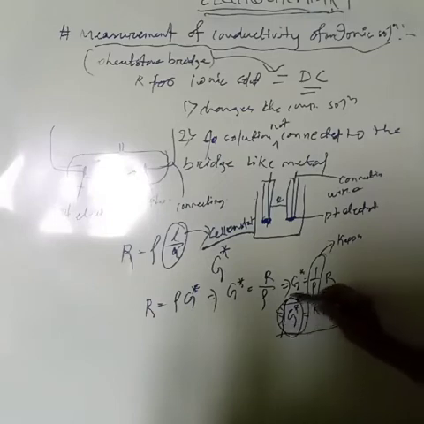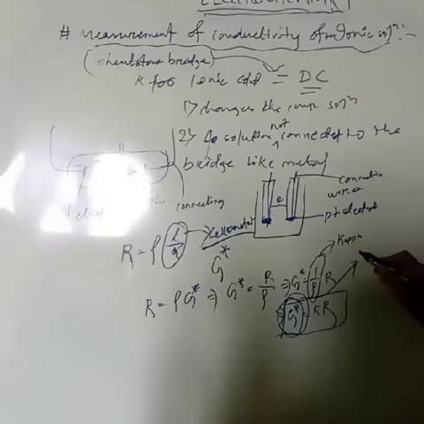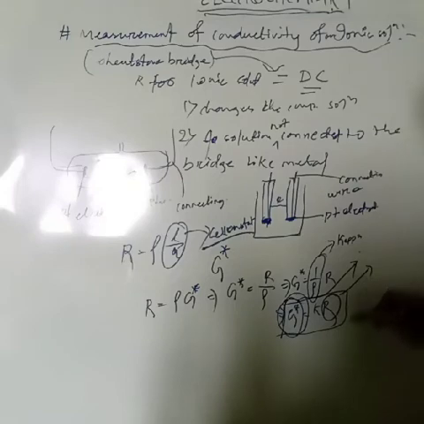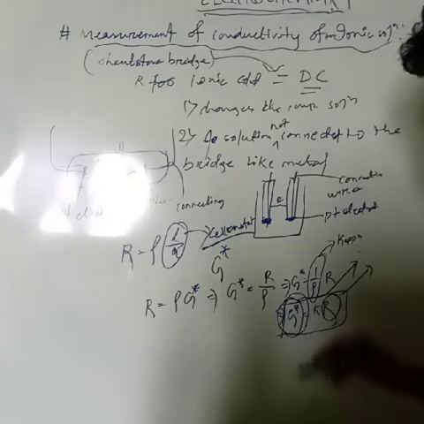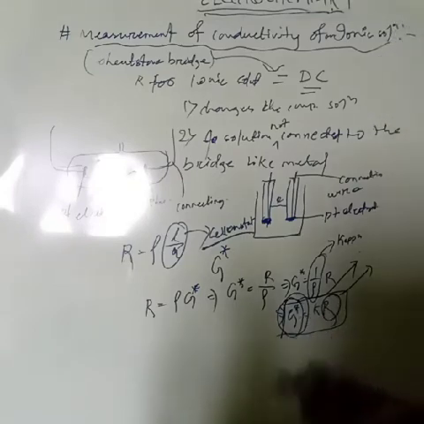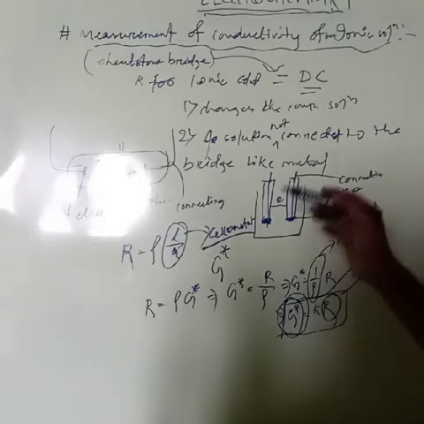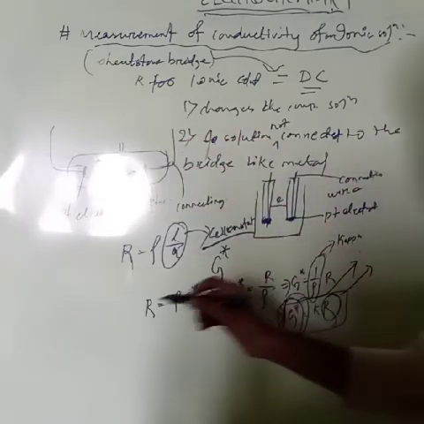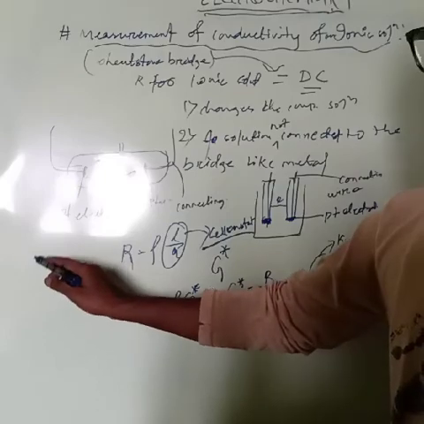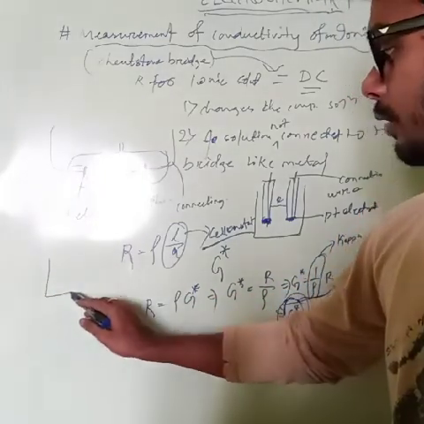Once the cell constant is determined, it can be used for the determination of resistance. If you know the value of the cell constant, you can calculate resistance. A variable resistance you can take, and for that a diagram is given in the book showing how to calculate variable resistance.